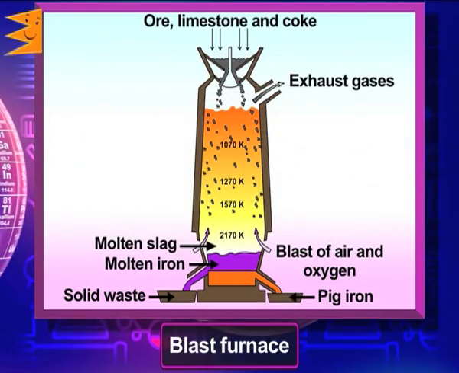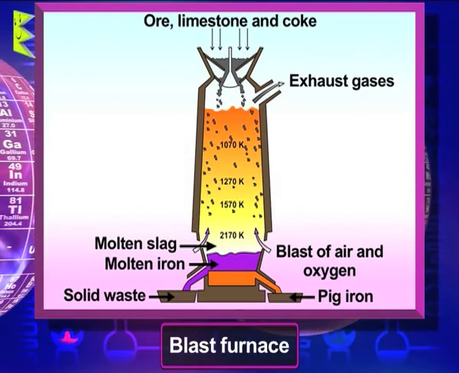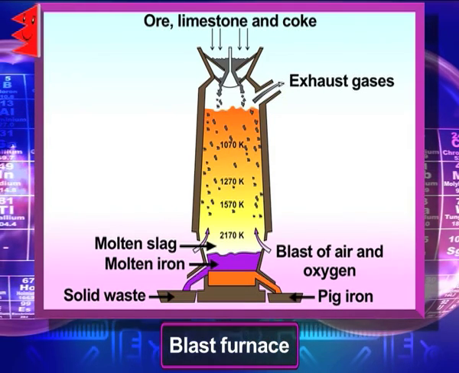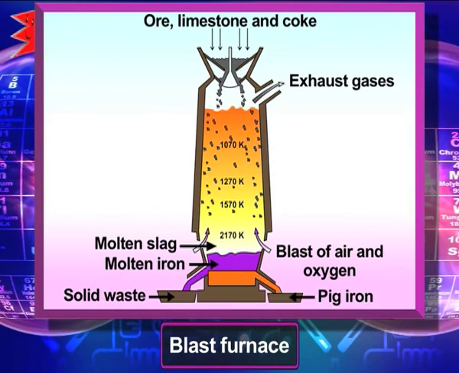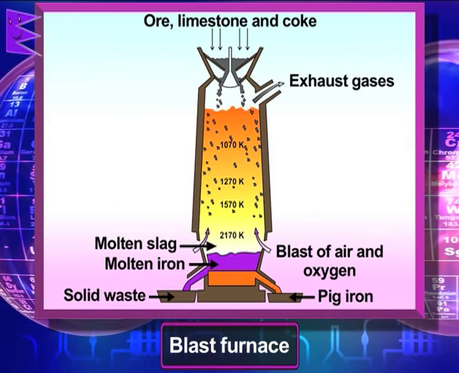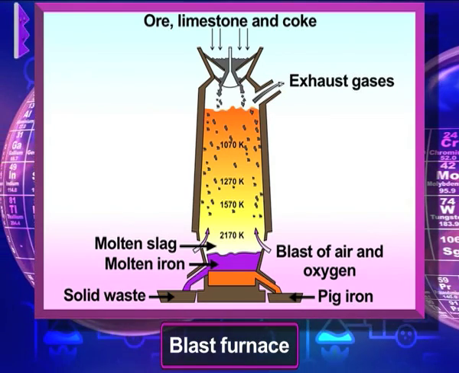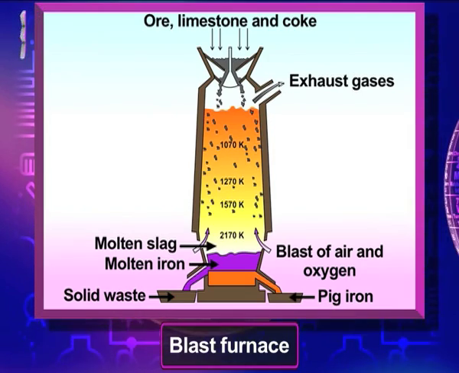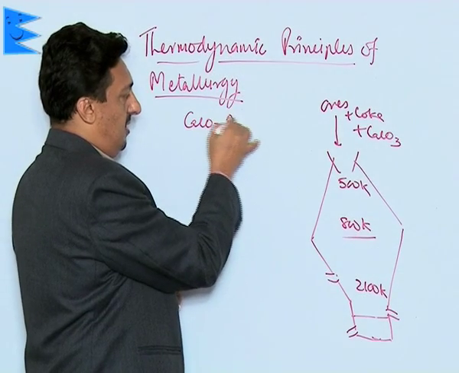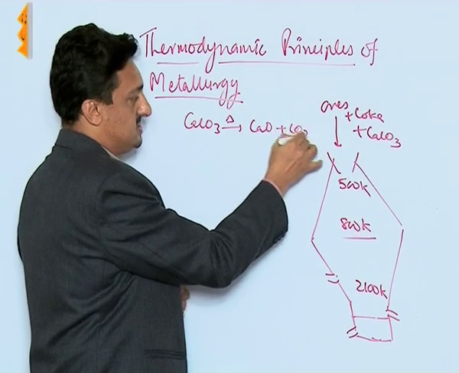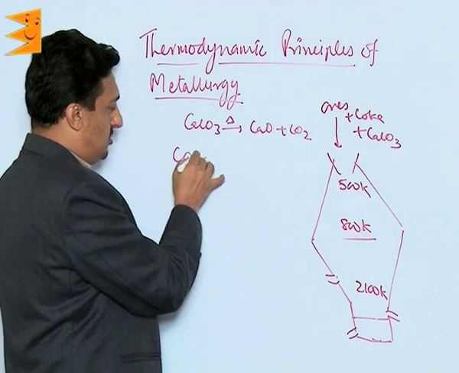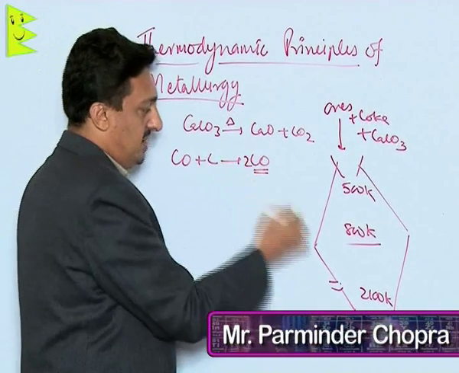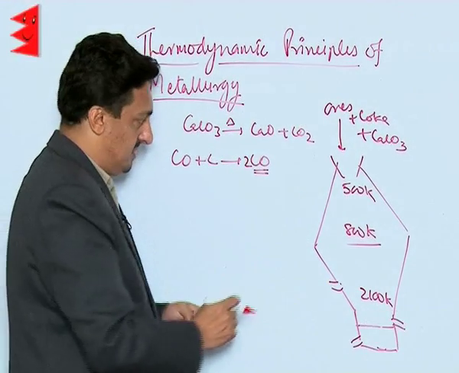In the blast furnace, the temperature maintained is from 500 Kelvin to around 2100 Kelvin. In this blast furnace we put ores of iron, coke, and calcium carbonate, lime. The calcium carbonate on heating gives calcium oxide and CO2. The CO2 combines with coke and forms carbon monoxide. This process again releases energy.